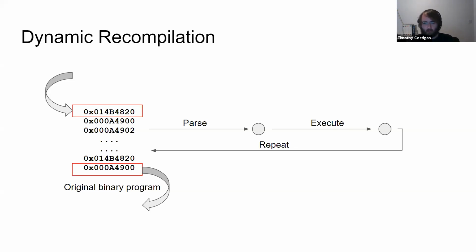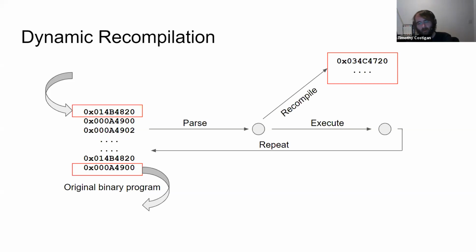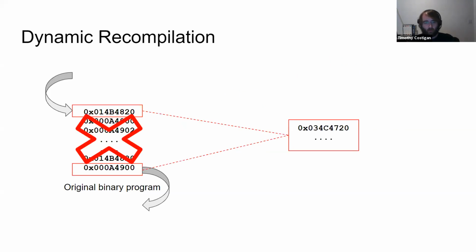You parse it, you execute it, and you repeat. But as you're doing that, you're also compiling out the assembly code that's the equivalent of this subroutine. And next time when this subroutine is called, instead of rerunning all that code, you instead run the code that you've compiled. And this is how pretty much all emulation for anything like the PS3 or the Xbox 360 would do it.